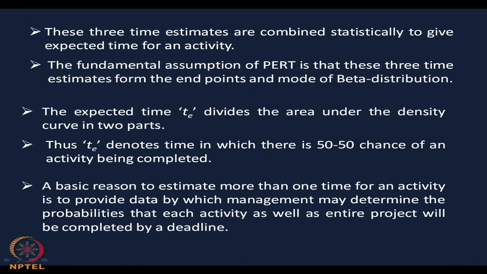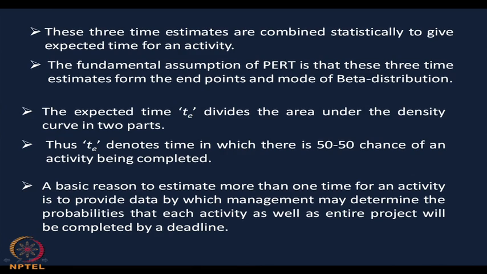The basic reason to estimate more than one time for an activity is to provide data by which management may determine the probabilities that each activity as well as the entire project will be completed by a deadline.